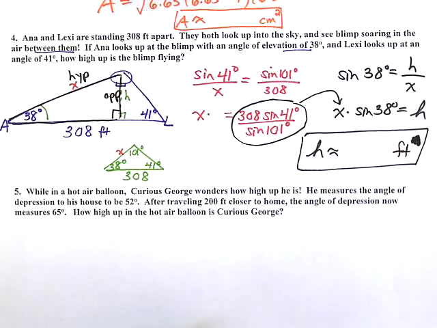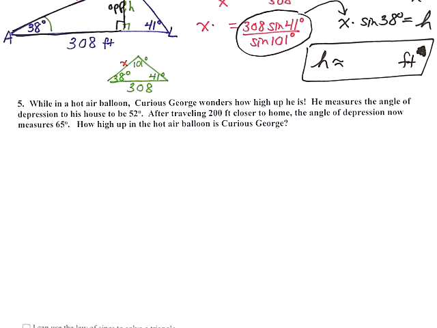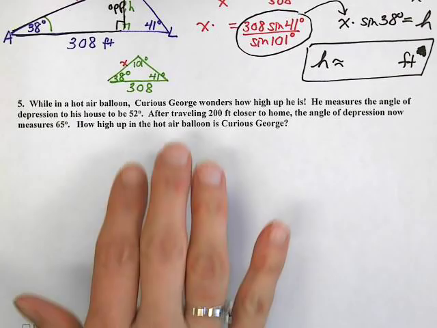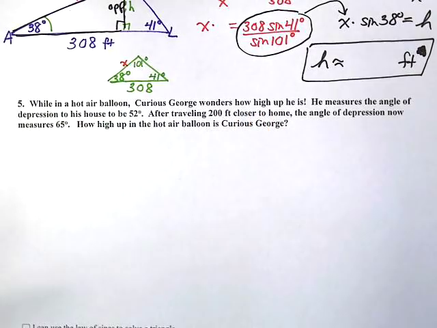It's just feet. Okay, the last one is Curious George in a balloon. And this problem gets a little complicated, I think, with what it's trying to do there. So I have a balloon, and he wants to know how high up he is.